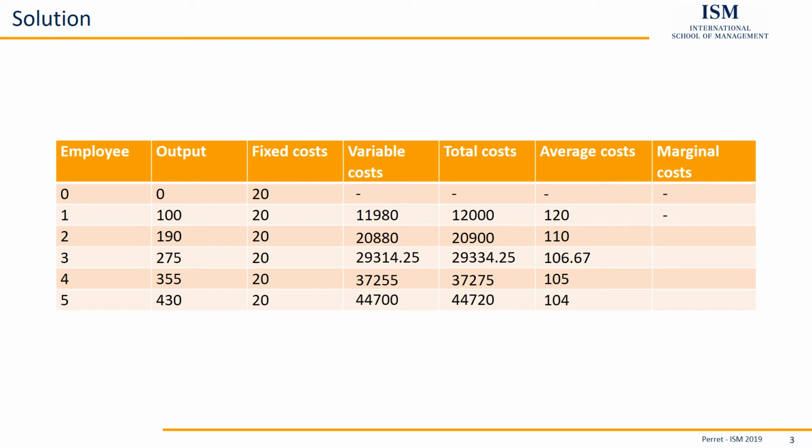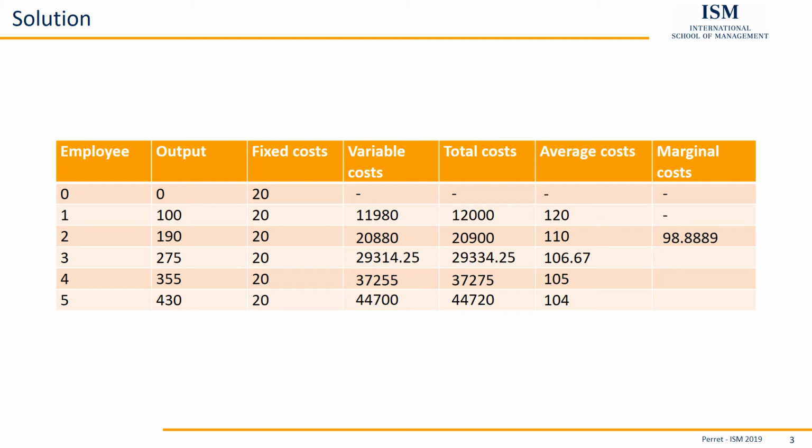But for the next one, we have an increase in costs, in total costs, of 8,900. We are dividing this increase by the increase in output. So we have an increase in output of 90. So we're dividing the 8,900 by 90, giving us marginal cost of 98.888. Then the next part.